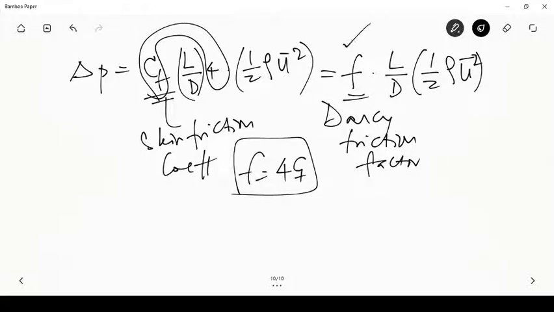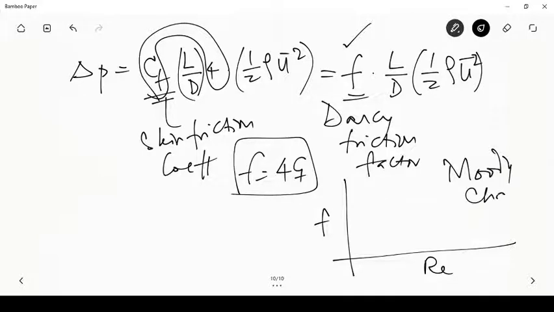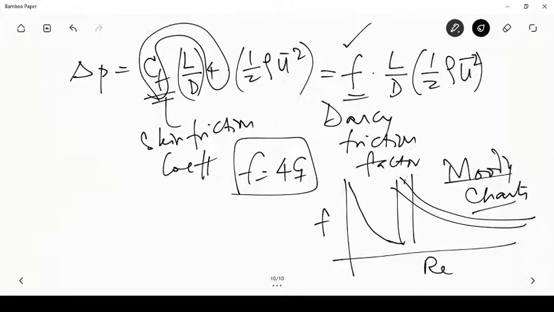This F is plotted as a function of Reynolds number in charts which are called the Moody charts, which are available in every fluid mechanics textbook. So what you get is, in the laminar region, this varies as a decreasing function like this. It goes as 1 by Re, and there is a transition region here. In the turbulent region, it goes flat, and you have multiple lines plotted here corresponding to different levels of roughness of the wall, because in turbulent flow the wall roughness matters.